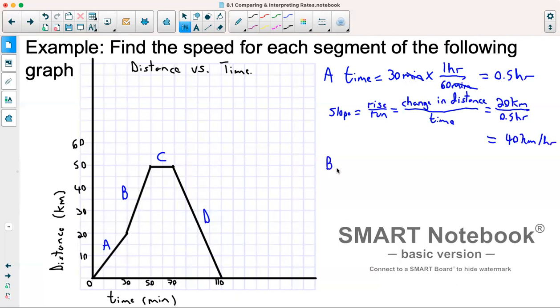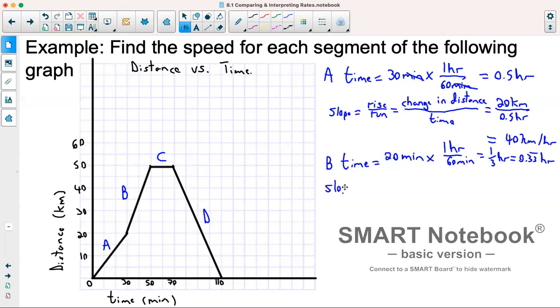Okay, on to part B. Similar thing, except now our time is 20 minutes. So we'll do the same converting as last time. So that would be multiplied by 1 hour divided by 60 minutes. So that would be 1/3 of an hour, or 0.33 repeating.